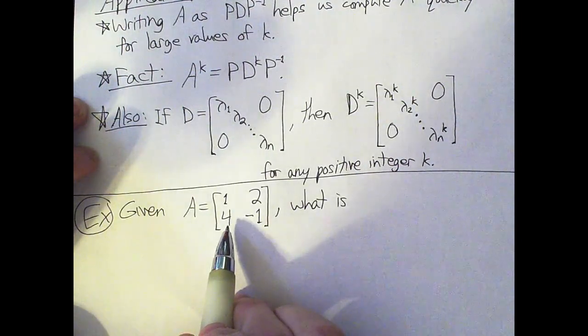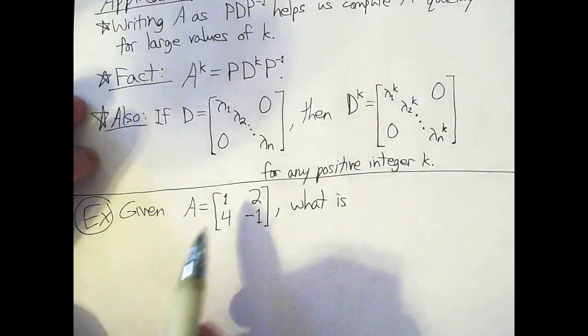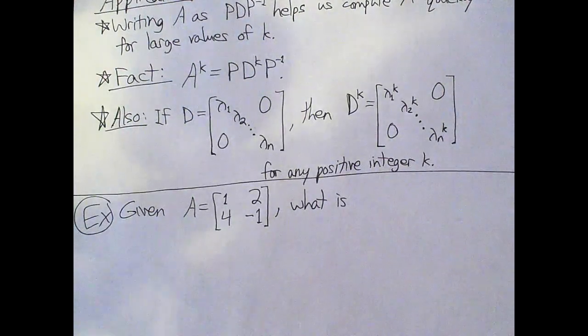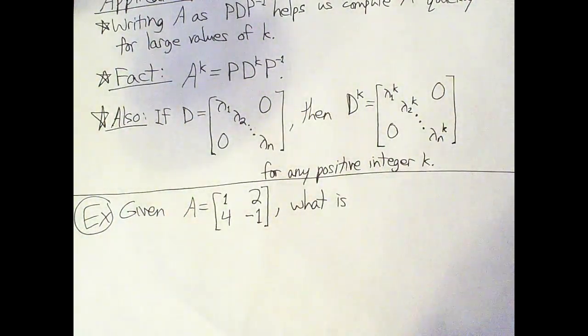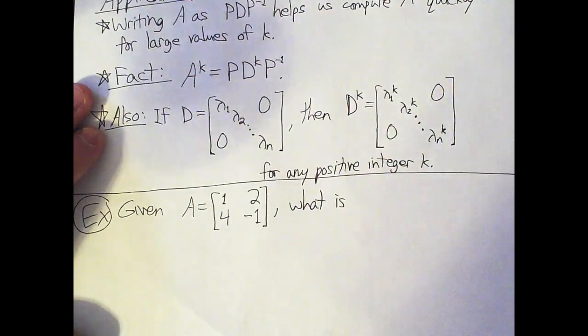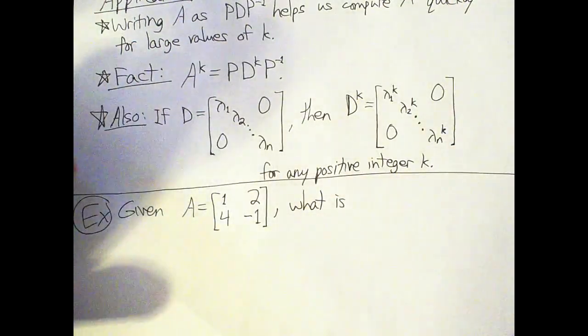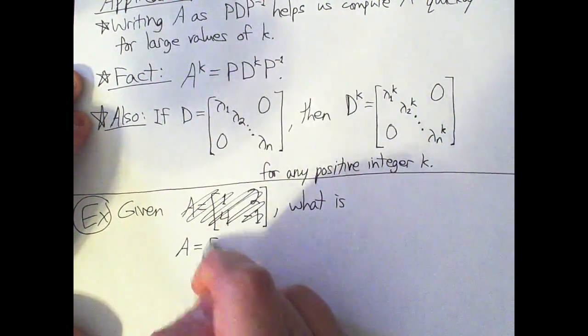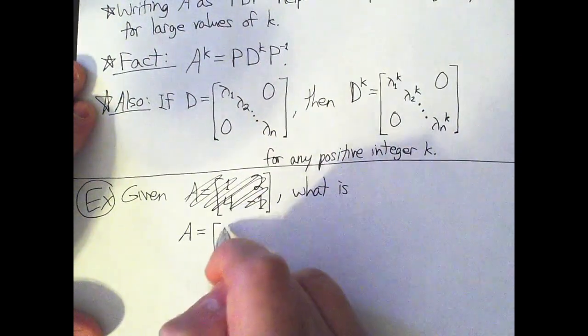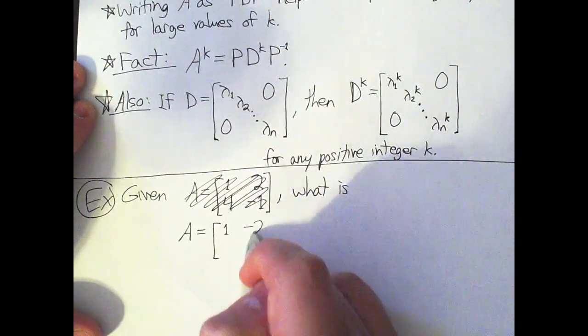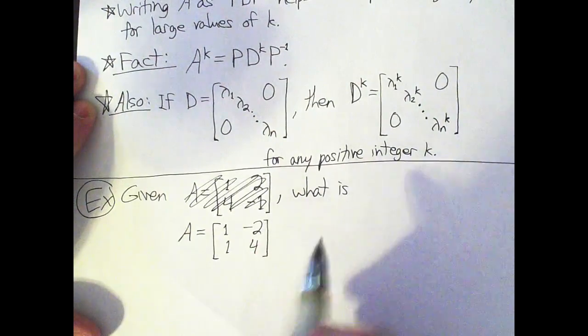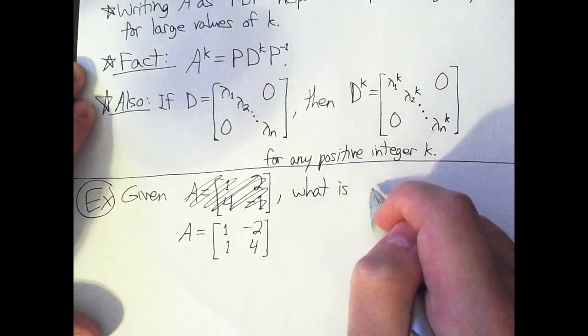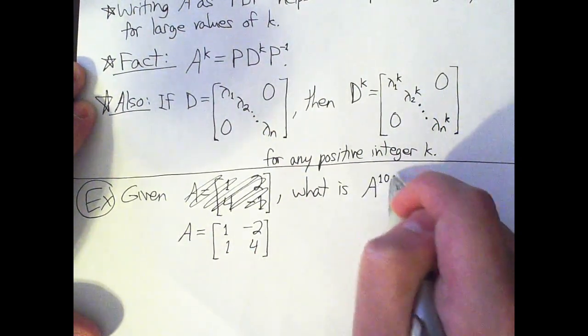I don't know if I want to do this one, because I guess we haven't really diagonalized this one. Maybe we should do the other one. Yeah, I think I'm going to change this. Actually, let's do the matrix from earlier. It was pretty close to that, wasn't it? I guess it was 1, -2, 1, 4. All right, so let's say we're given that matrix, and the question is, what is A to the 100?